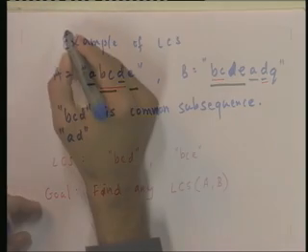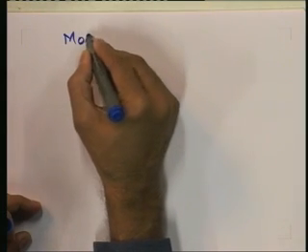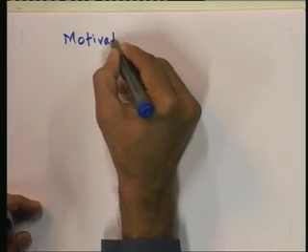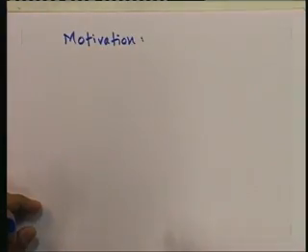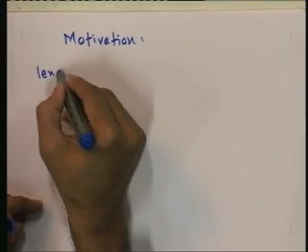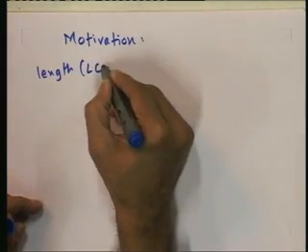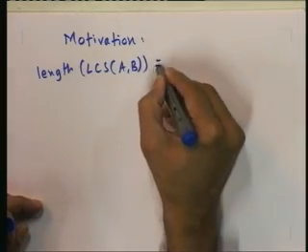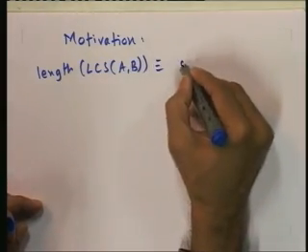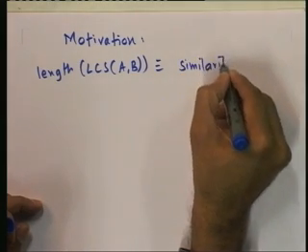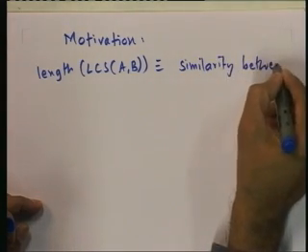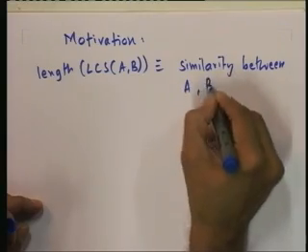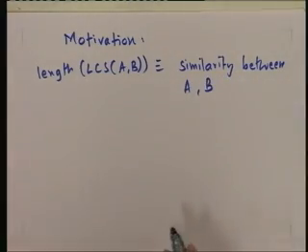Let me give you a bit of a motivation about why we care about this LCS problem. The length of the LCS of say A and B can be thought of as representing the similarity between A and B. Clearly, the longer this LCS is, the more similar A and B are.